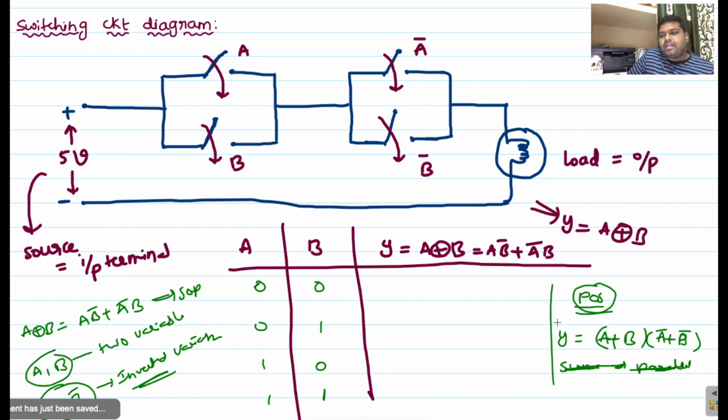These two combinations, A bar plus B bar and A plus B, are in series. Why? Because these two are in product. My intention is that product is nothing but series connection, whereas sum is nothing but parallel connection. But this is not always applicable for all the cases.